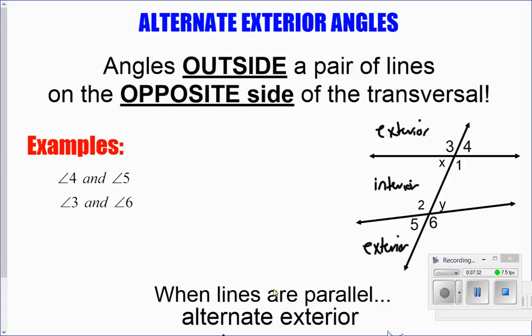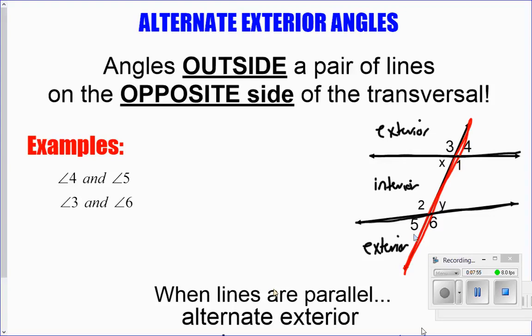So this time I still want opposite sides of the transversal. So if I mark my transversal with red, that's my transversal, and I have my two lines that I'll look at just with black. So we have on the inside would be the angles here, but we want to focus on alternate exterior.